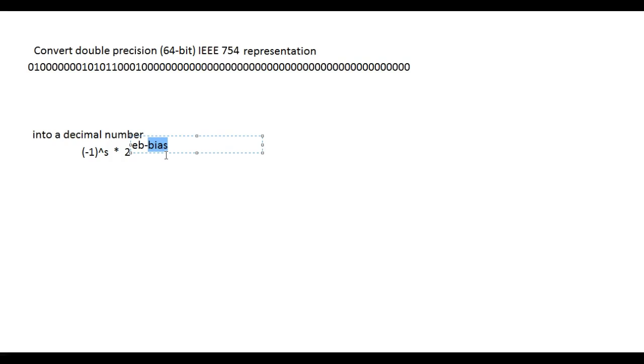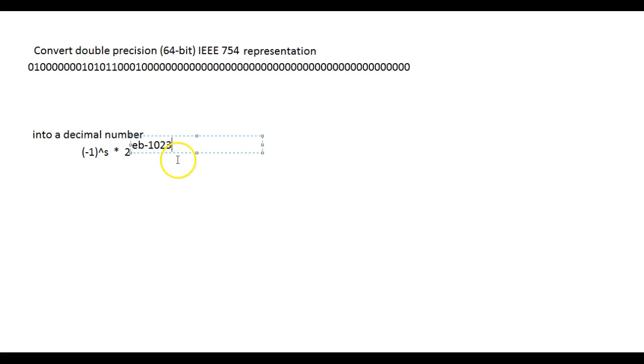That's why you can represent more numbers in double precision. We have 11 bits available for the exponent, so 2 to the 11 divided by 2 minus 1 is going to be 1023. This number is always going to be 1023. So all you need to figure out is the exponent plus the bias number, and that's figured out from up here.